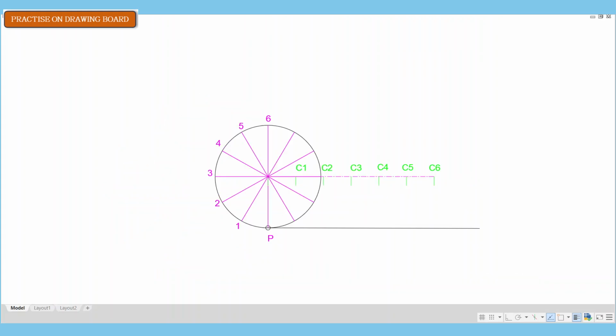So once I have my center in place, now I can draw the horizontal lines which proceed from the divisional lines that I have on the rolling circle.